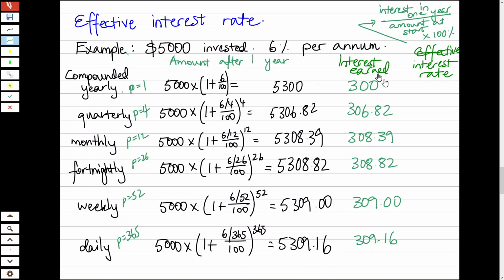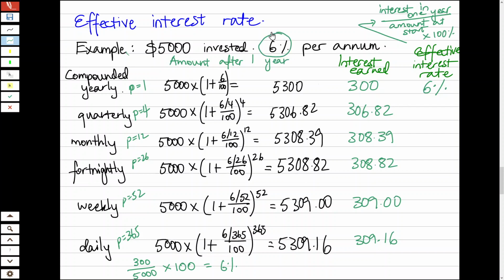So if I do 300 divided by 5,000 and multiply that by 100, I invite you to do this calculation. You will actually get 6%. Okay, so now that's the same as this.